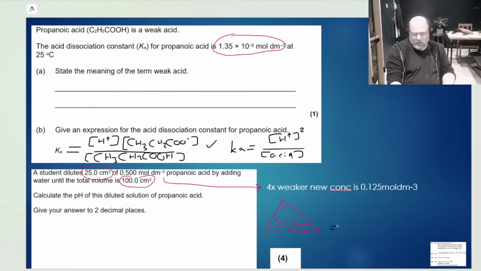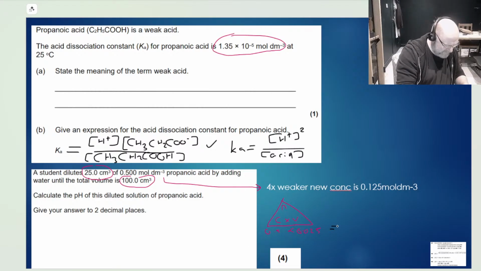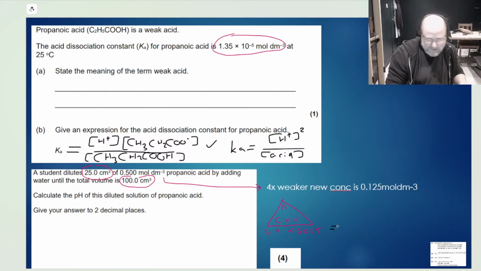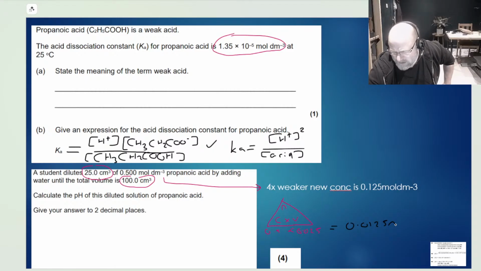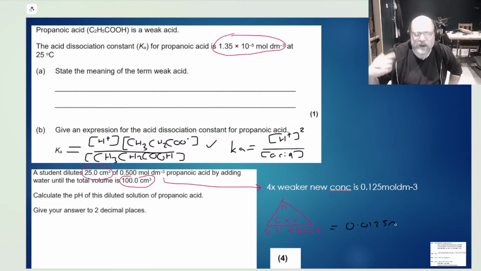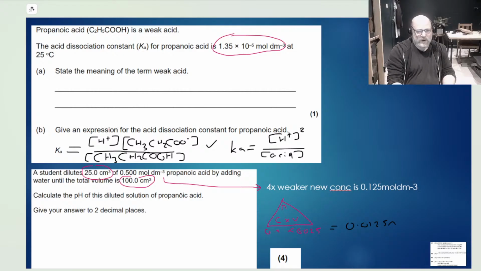So what is that? 0.5 times 0.025. That gives me... did I do that right? Yeah, I did. That gives me 0.0125 moles. Okay, so some people might prefer this way of working out the new concentration. This gives me 0.0125 moles.